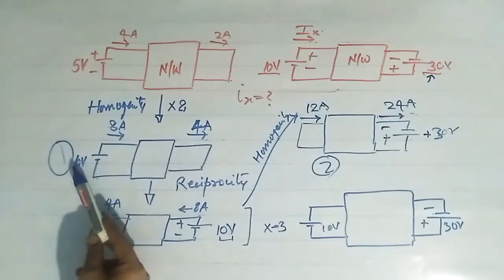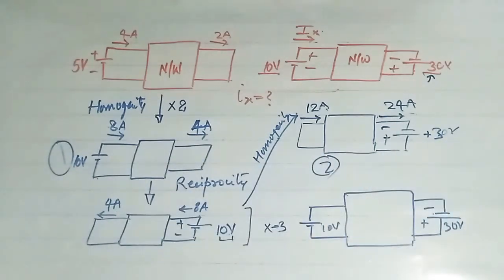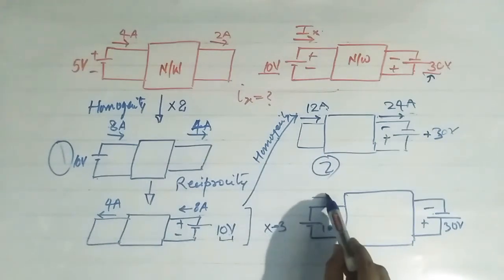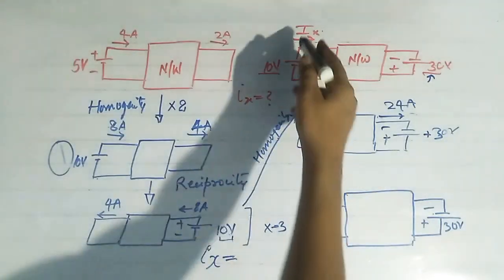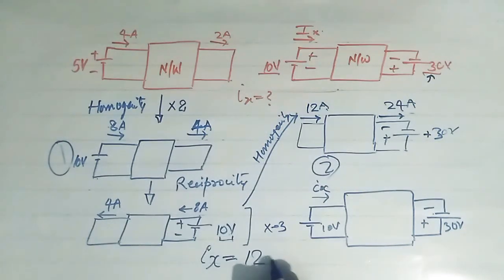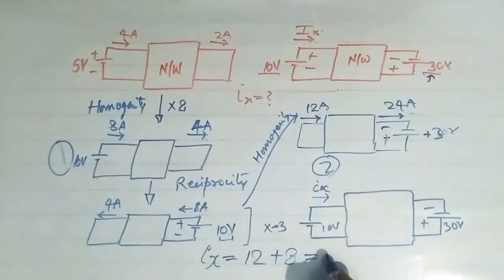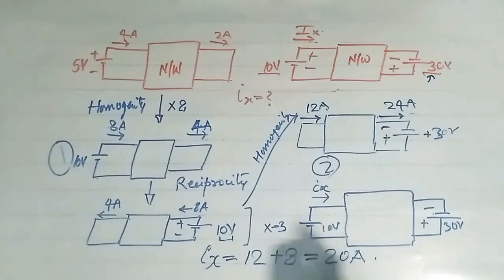So when we apply this 10 volt and this 30 volt simultaneously, then the current Ix in this branch will be equal to this 12 ampere, that is in the same direction, plus this 8 ampere. So we get 20 ampere as the answer.